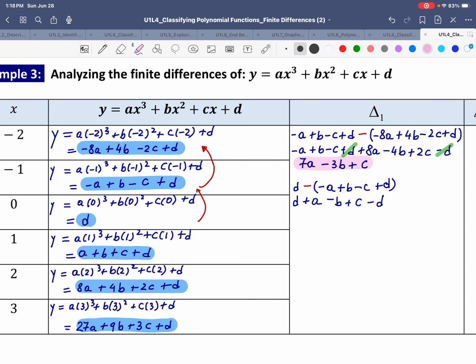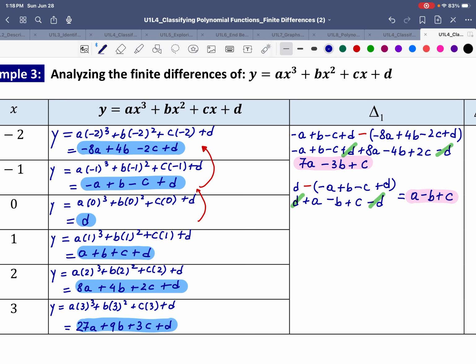As you can see again, d plus negative d adds to 0, and in this case we obtain the value of a minus b plus c. So I'm going to write it down here just to have a little bit more space. It's all about space here.